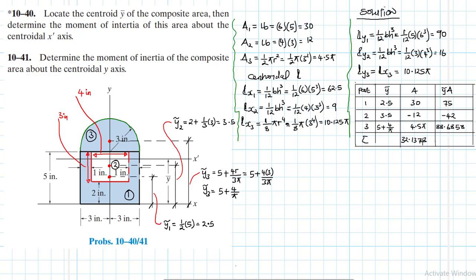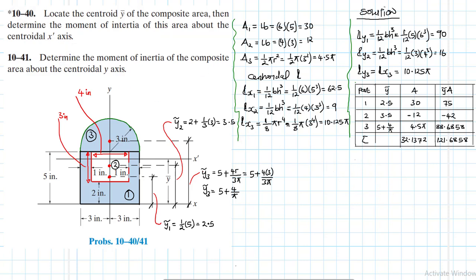Then we add up the other product there, 75 minus 42 plus 88.6858. So this gives us 121.6858.